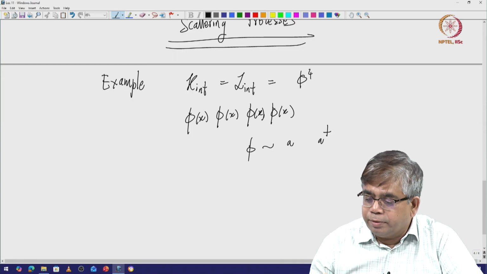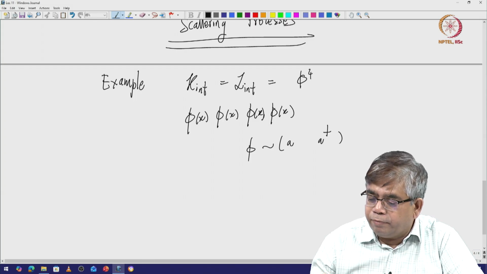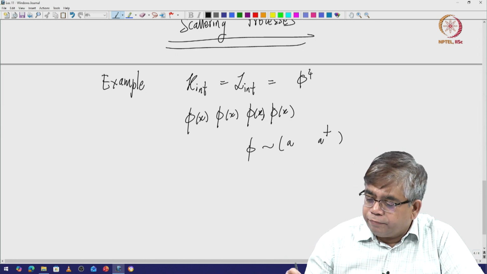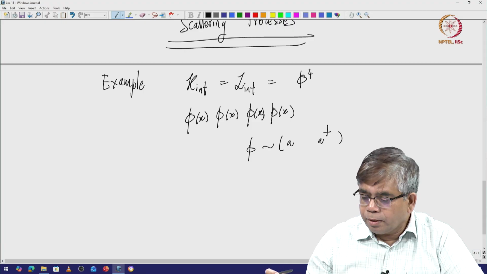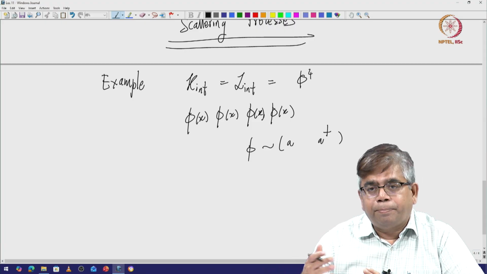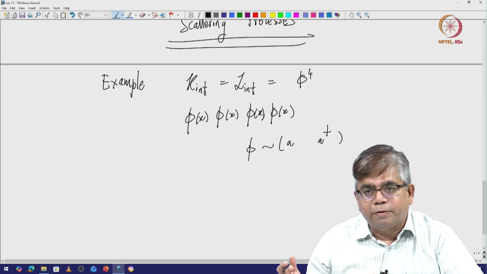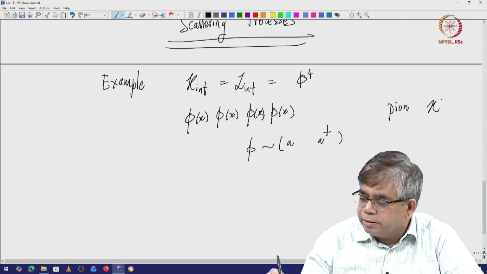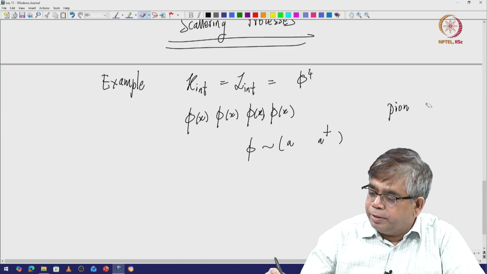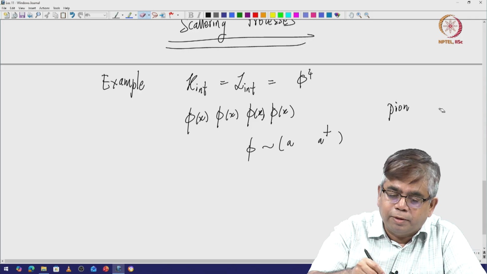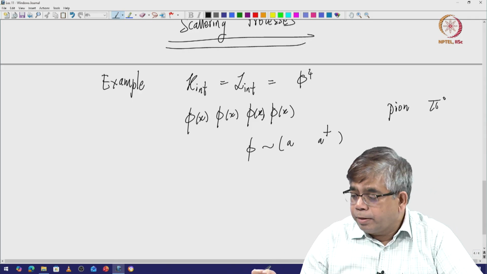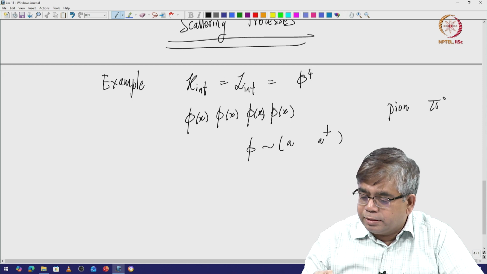So it has a positive energy wave function as well as a negative one. If you have a product of four of these phi, you can think of the fields as creating pi fields. Real scalar fields in real life are, for example, the pion field, one of the first elementary particles, other than the muon, electron, proton, neutron. The pion is a real scalar field.